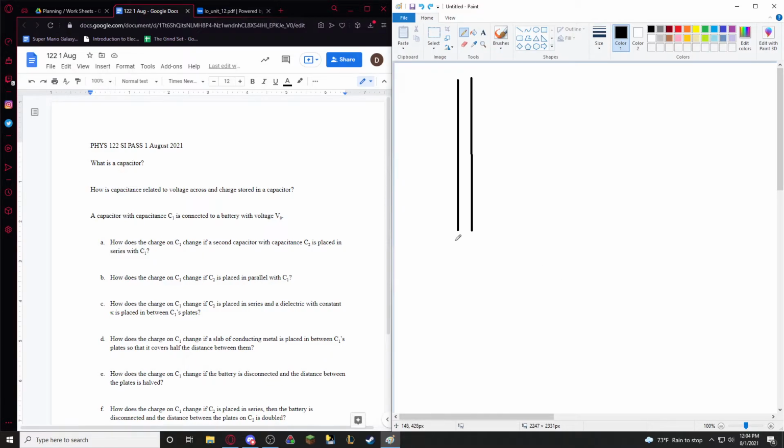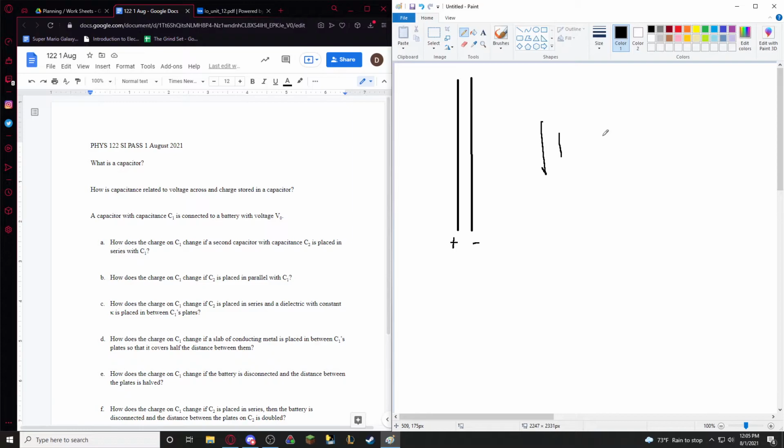I believe it's indicated in the graphs the professor showed us, where the positive is the bigger line and the negative is the smaller line, for voltage. That usually indicates a battery, not a capacitor.